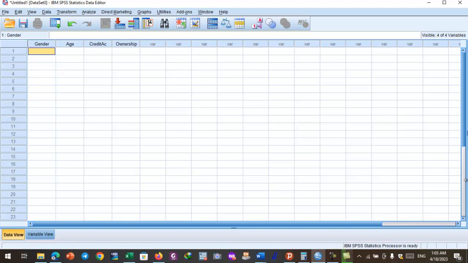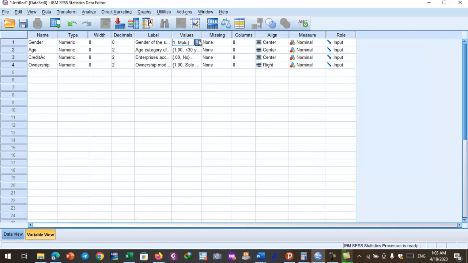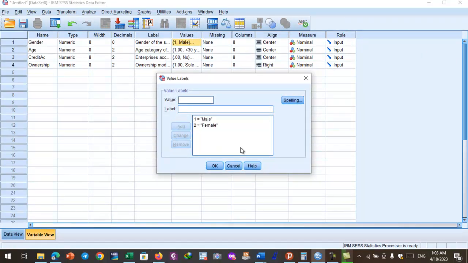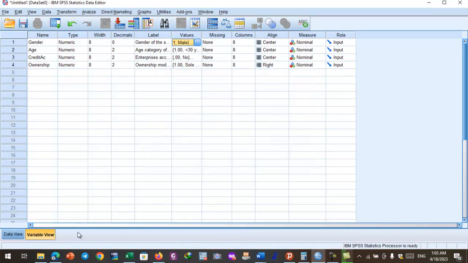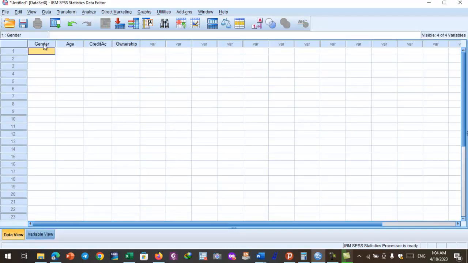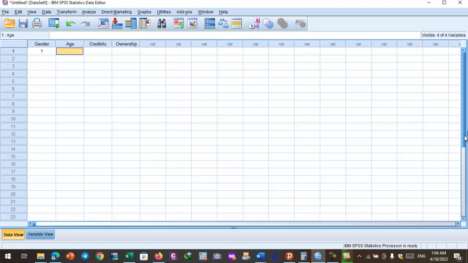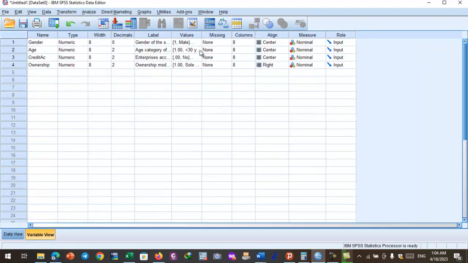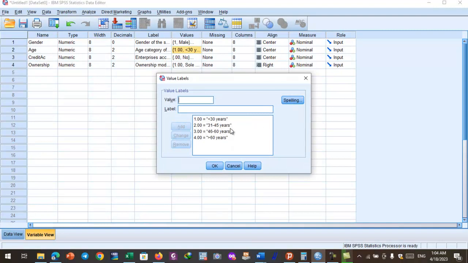For the first participant, in the variable view we have to check that male is 1 and female is 2. Let us assume the first participant is male, and for age, let us look: below 30 years, between 31 and 45, between 46 and 60, and above 60, therefore 1, 2, 3, 4.